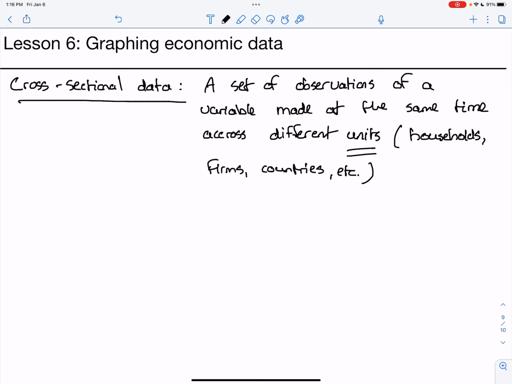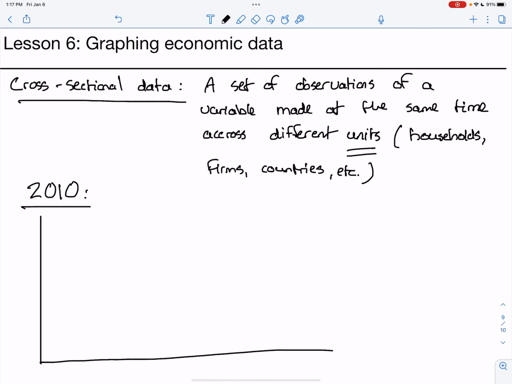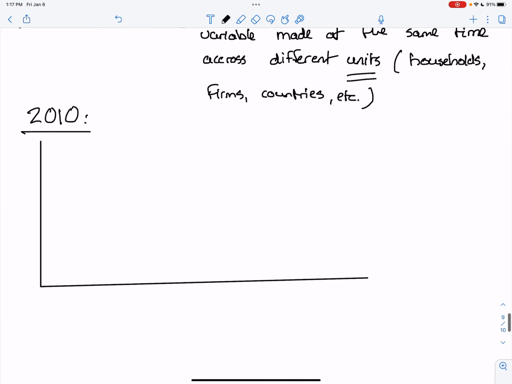Now, what might be an example of cross-sectional data? We can have, for example, 4 different neighborhoods, and we want to know what the average price of a house is in those different neighborhoods in a given year. So let's say we're talking about the year 2010. And we're talking about 4 different neighborhoods.